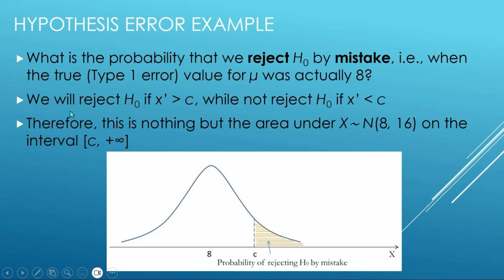So we will reject H0 if x prime is greater than c, while not rejecting or accepting H0 if x prime is less than c. Therefore, this is nothing but the area under x, for normal distribution, on the interval c, this critical value, and positive infinity.